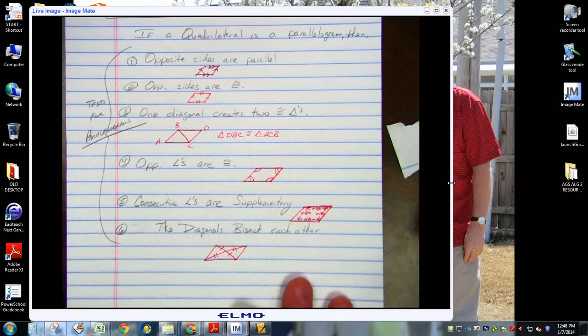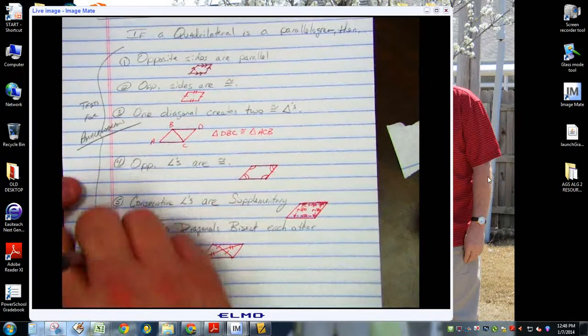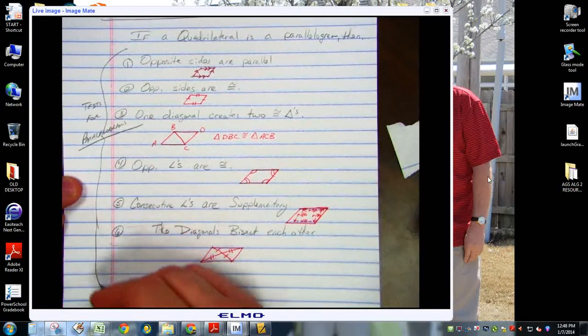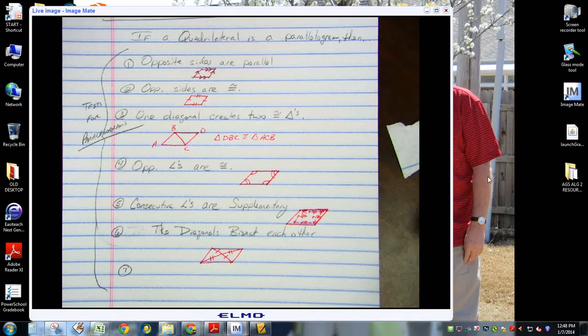These are all tests for parallelograms. All of these are things that are true about every parallelogram, but there is one new one, that if this happens, you can also say it's a parallelogram.